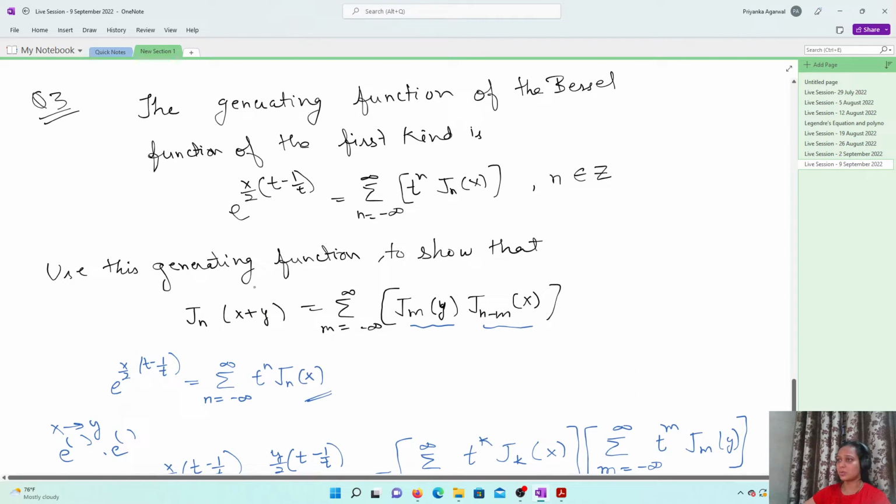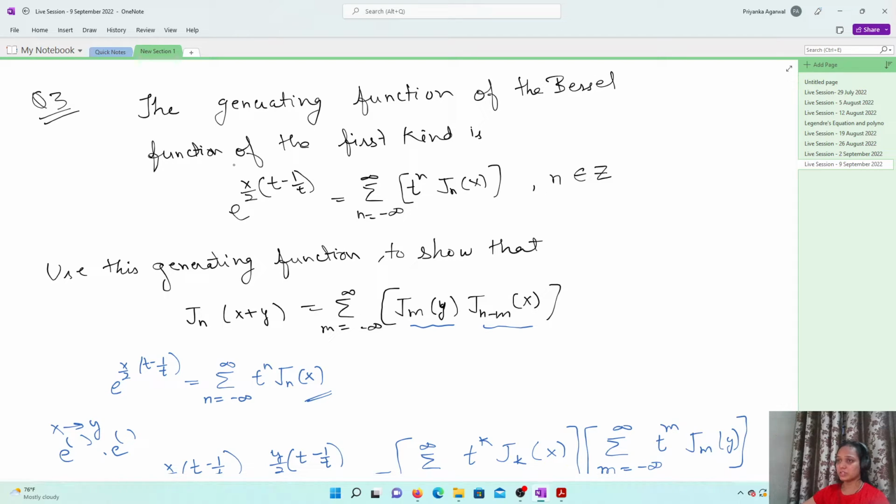Okay, so this is the question where the generating function of the Bessel function of the first kind is given, which is e to the power x by 2 into t minus 1 by t, and this is equal to summation n equals minus infinity to infinity t to the power n Jn x.